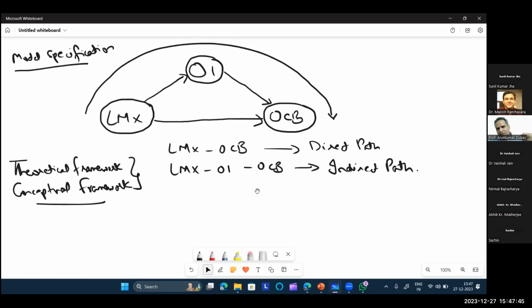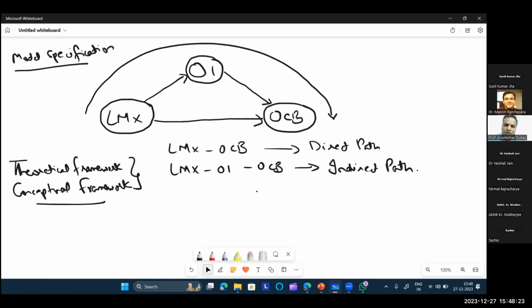So if the theory is missing, no matter how much analytical rigor you put into your paper, the paper will not carry weight, because data analysis alone is not going to help you contribute to the literature.